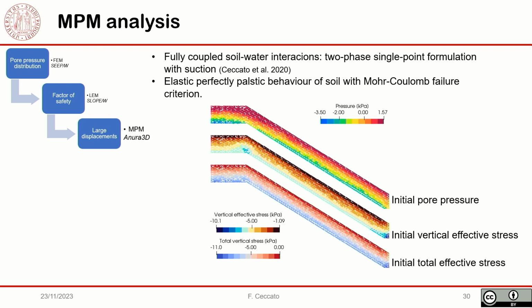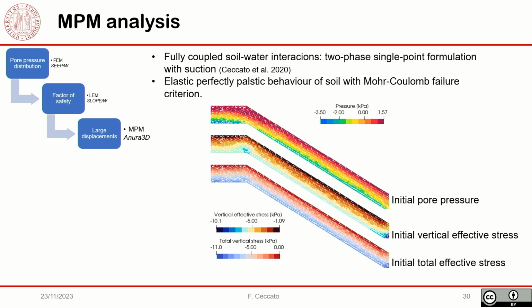The MPM formulation here is fully coupled. It means that it's a two-phase simulation. We are solving at the same time the momentum and mass balance equations of solid and liquid separately, accounting for the interaction between them. And here the constitutive model was just Mohr-Coulomb, but you can use a more advanced one.